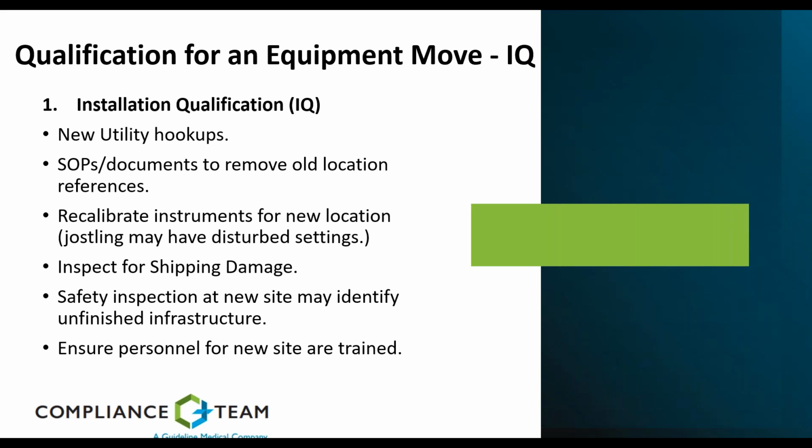You want to do a safety inspection to make sure there are no dangers in the new location. And if you have new personnel at this new site, like if you are moving to a different town and now have a brand new set of personnel working there, make sure they're appropriately trained for this new process.